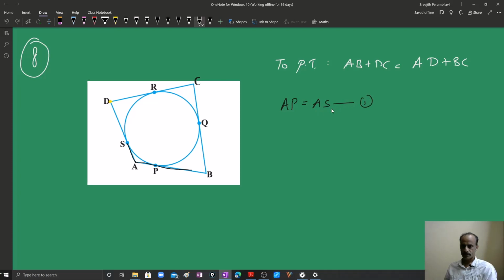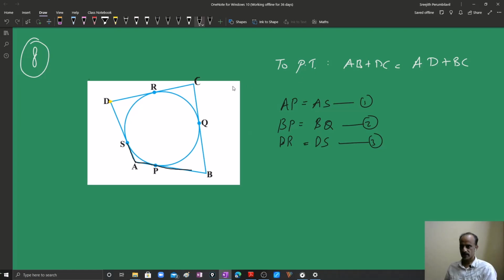Similarly, BP is equal to BQ, relation number 2. And the third thing, DR is equal to DS. I am very particular when writing it. The parts of AB, AP and PB, are on one side.